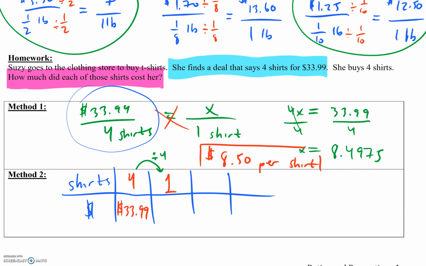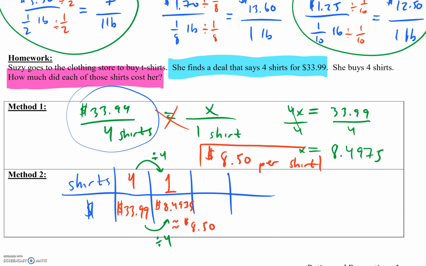And to go from $33.99 to the next column, we would have to do the same exact thing. So $33.99 divided by 4, that would give me the same thing as what we got earlier. And that's 8.4975, which would round to $8.50. All right, so there's our answer.